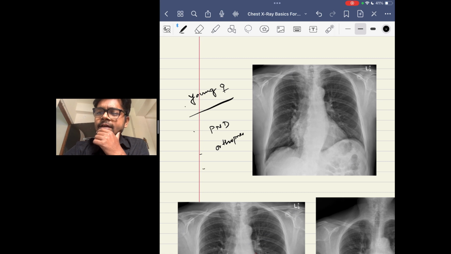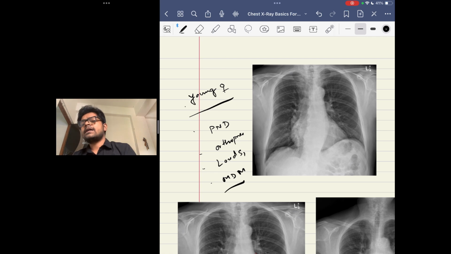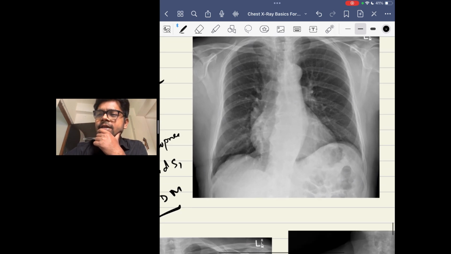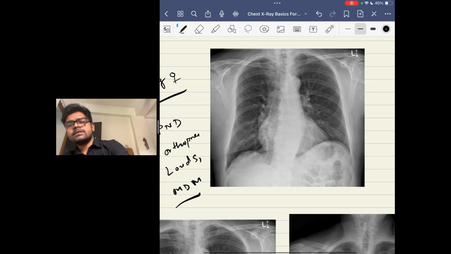Who is having a loud S1, who is having, are you guessing the disease by now? So who is having a mid diastolic rumbling type of murmur at the mitral area? So can you think that this X-ray is that of mitral stenosis? If yes, you are right, because this can be asked in your exam.